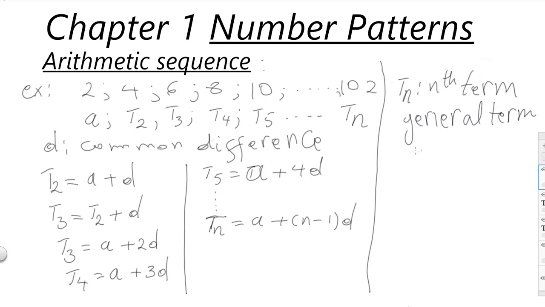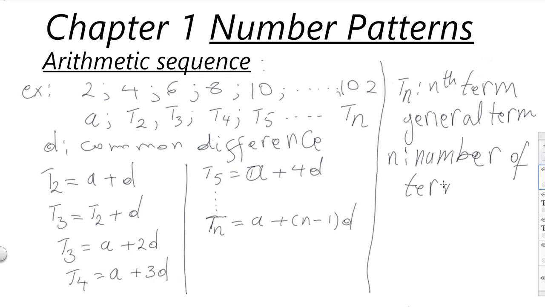Okay, and then n, many students get confused when it comes to this. So n is not the n term, because when they say n term, that means Tn. n will represent the number of terms.